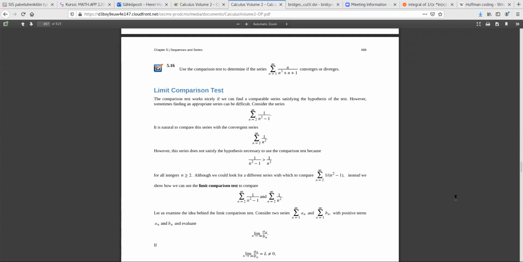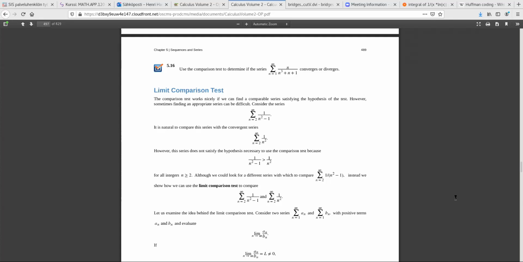Well, one way to do this is to use what is called the limit comparison test. One way to do this is to look at the quotient. If we have two series, one is the A series and one is the B series, sum over AN and sum over BN, and these terms are positive, so no zeros allowed.